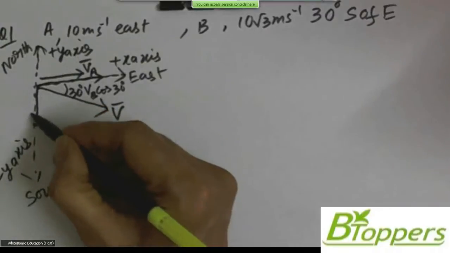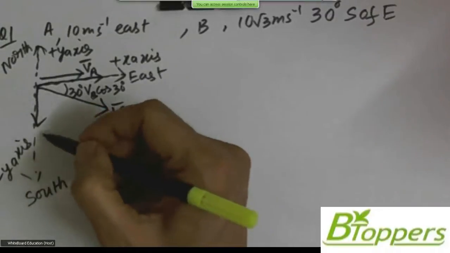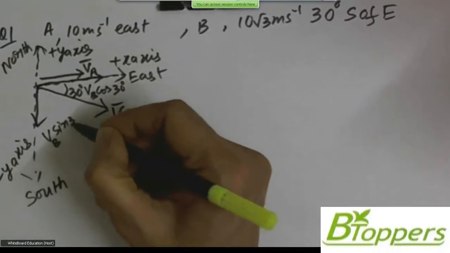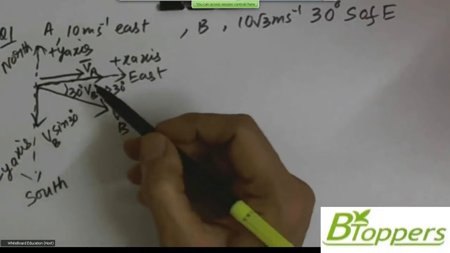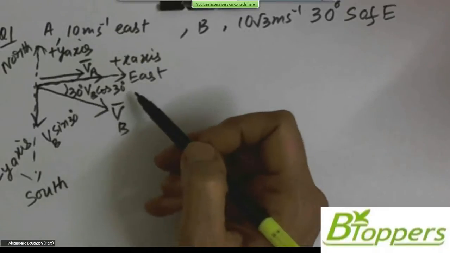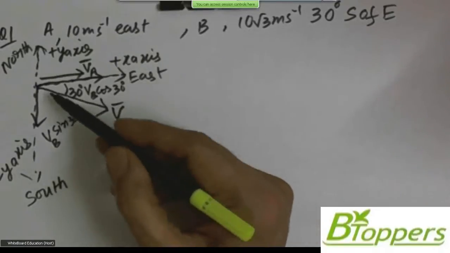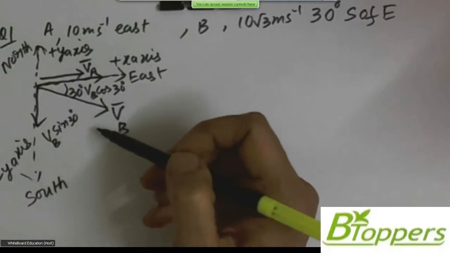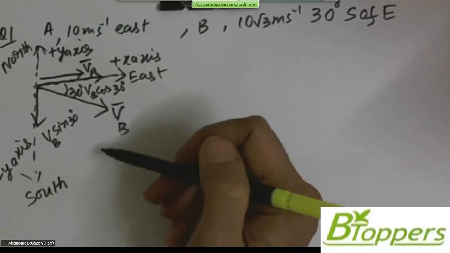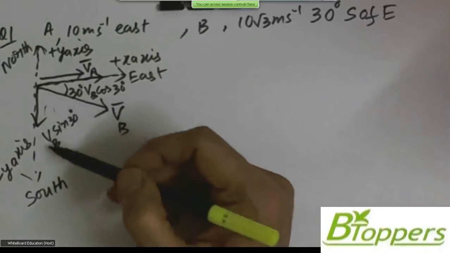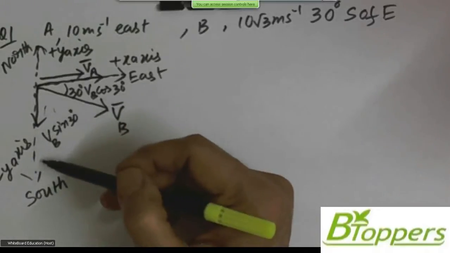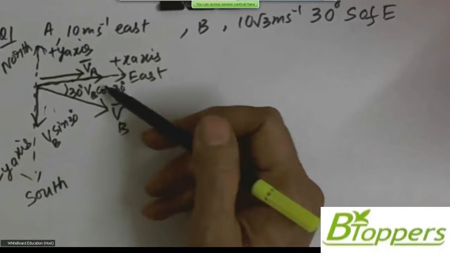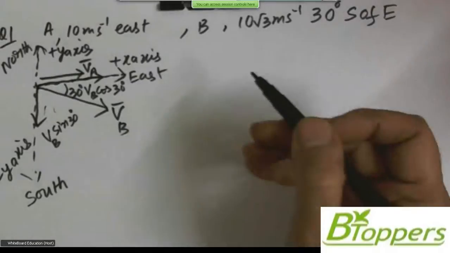The magnitude of the component towards south will be VB sin 30 degrees. But the component towards south means it is directed in the negative direction of y-axis. The component towards east is directed in the positive direction of x-axis.